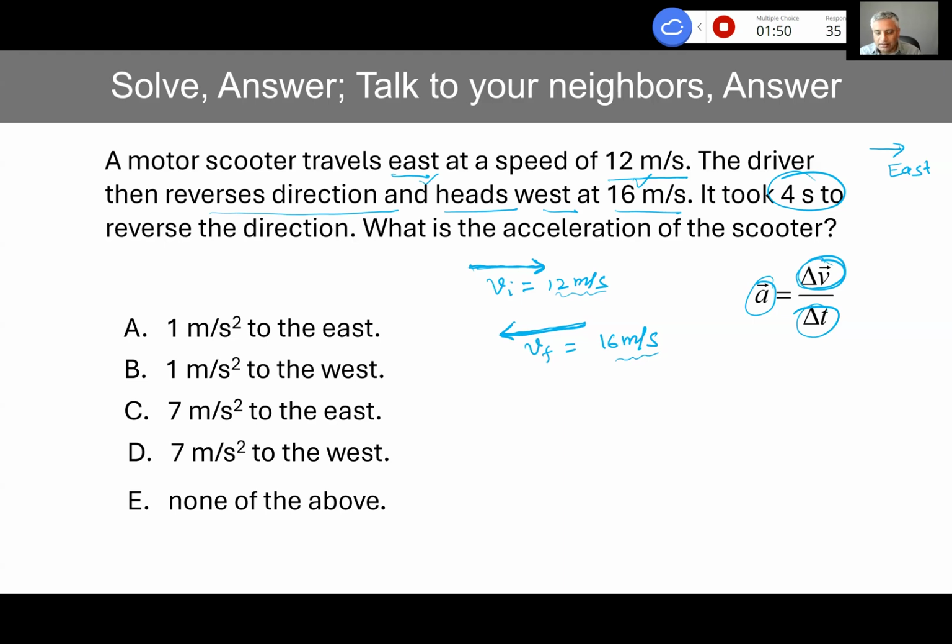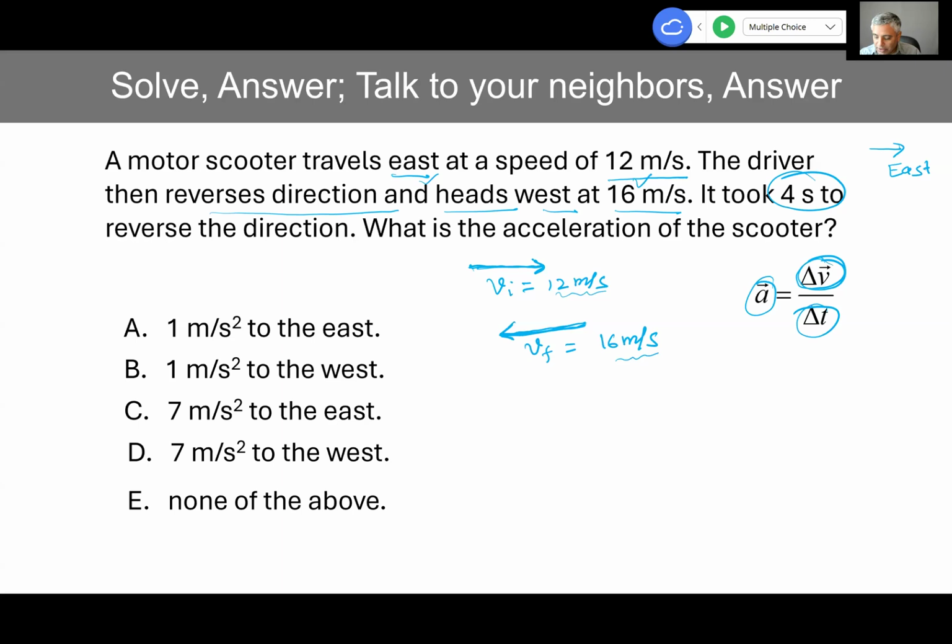Tails together, and from the tip of initial to the tip of final. Five more seconds. 5, 4, 3, 2, 1, and it stops.